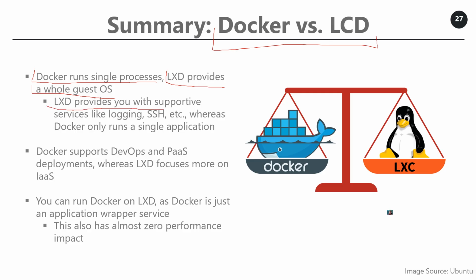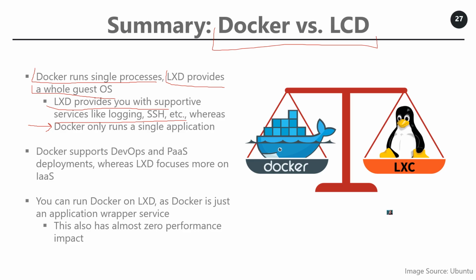LXD provides you with supportive services like logging, SSH, etc., whereas Docker only runs a single application. Think about LXD as really close to a full virtualization kind of thing, and Docker is simplified and runs only that application, and for microservices it is a plus.